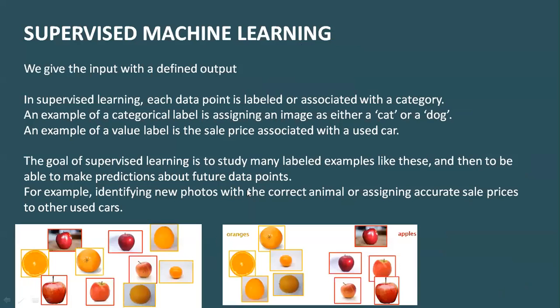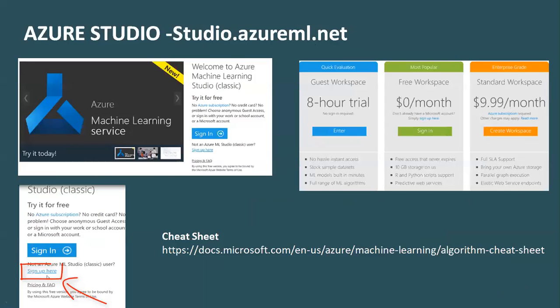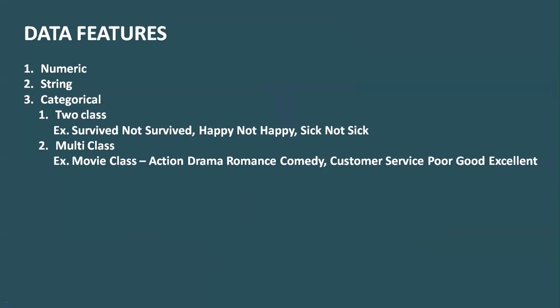Let me take you back over here. Now, in supervised, when we're going for a classification model, we can actually have different kinds of classification, whether a person survived or did not survive, or if we want to predict whether our customer is happy or not happy, or if we are deploying this model in the medical industry, we might want to predict whether the person will fall sick or will not fall sick.